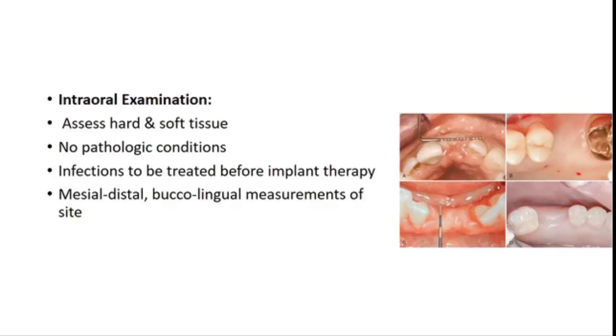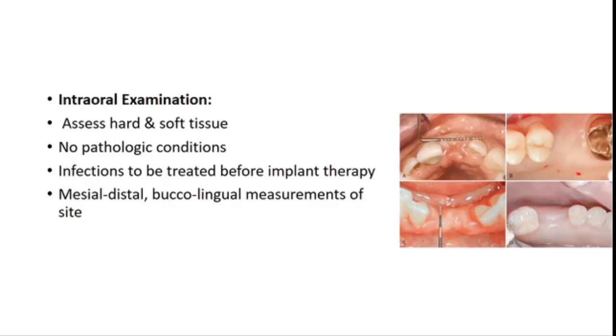Then you have to check the mesiodistal and the buccolingual measurements of the edentulous site. There are different methods for that, to check how many millimeters of mesiodistal or buccolingual width is available.